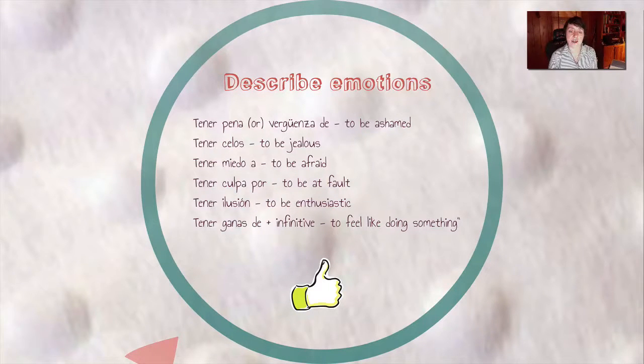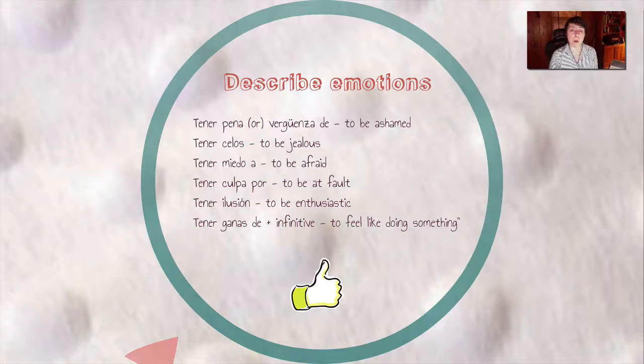Tengo celos. Tengo miedo a. Like I might say, tengo miedo a hablar en público. I'm afraid of talking in public. No, not really. But tengo miedo a. Or sometimes tengo miedo de. They are both correct.